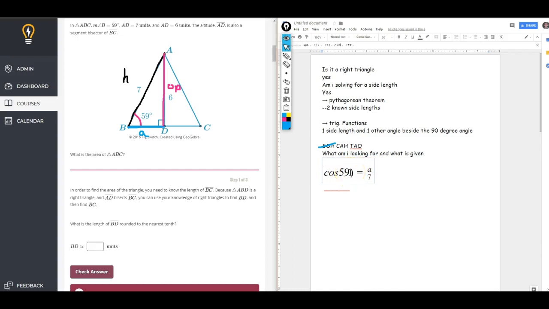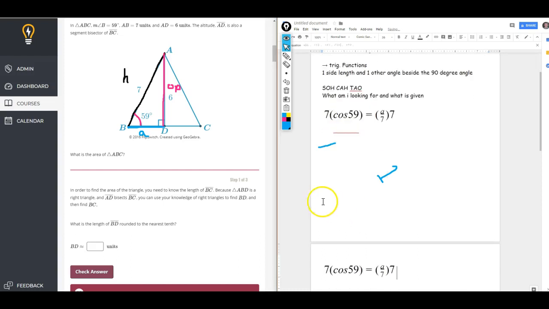So 7 times the cosine of 59, and I would multiply this side by 7 as well. The reason is that 7 divided by 7 reduces down to 1, and so we're left with 7 cosine of 59 is equal to 1a.